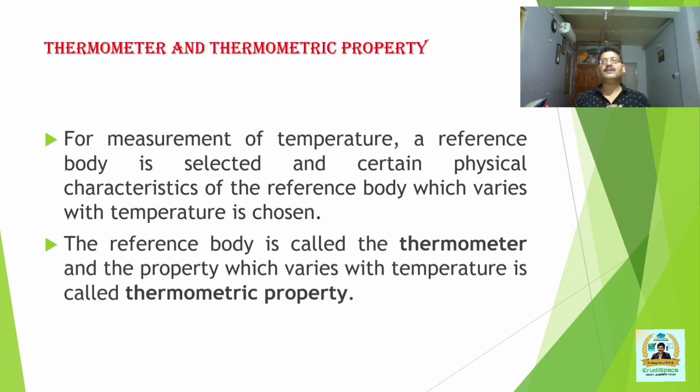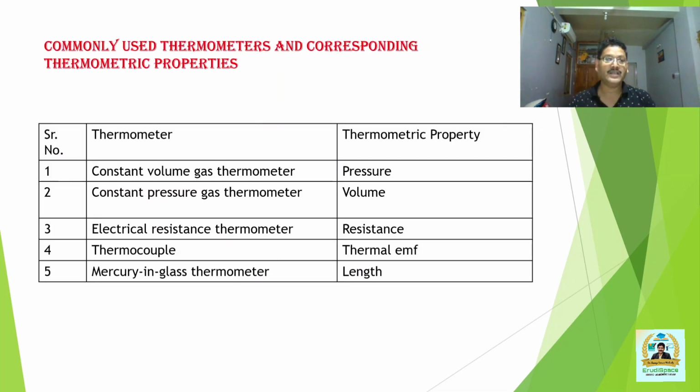This reference body is called a thermometer, and the property which varies with temperature is called the thermometric property. You can see some commonly used thermometers and corresponding thermometric properties. Here 5 commonly used thermometers and their corresponding properties have been given.